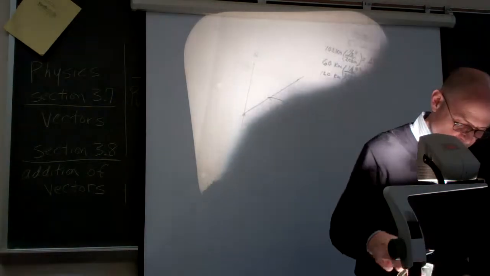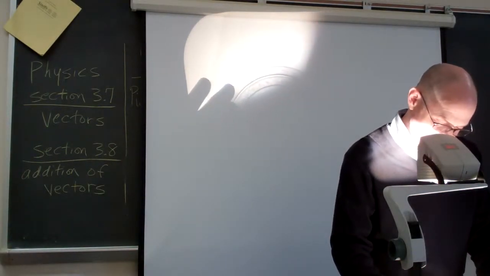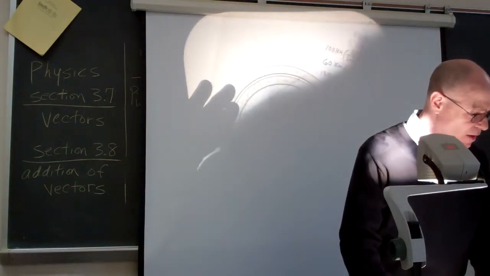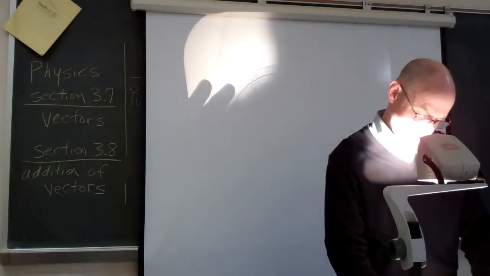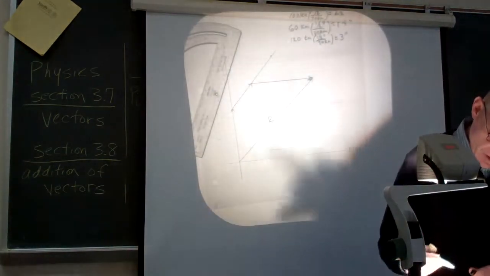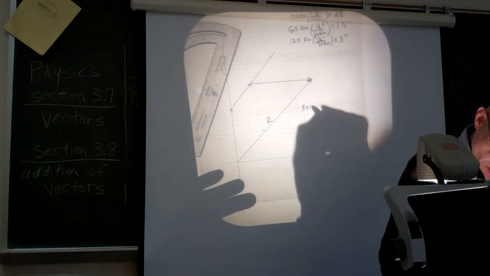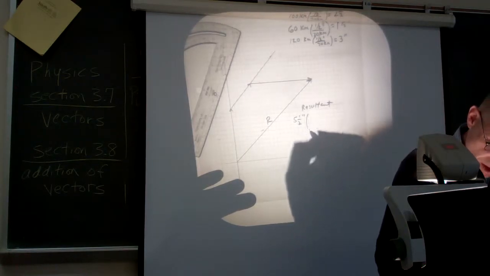First, what we'll do is measure the length of the resultant with our scale, and I've got that at about 5.5 inches. So I can just do my work right here on the graph. The resultant is 5.5 inches long, but I want it in kilometers.